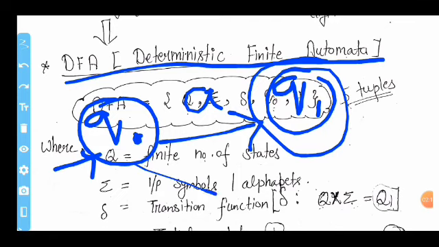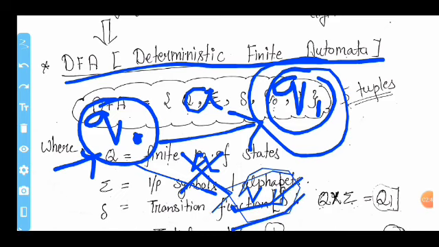If Q0 is going to another state, it does not produce the same symbol transition as A. So this is wrong for the DFA case. It is applied only in the NFA case.